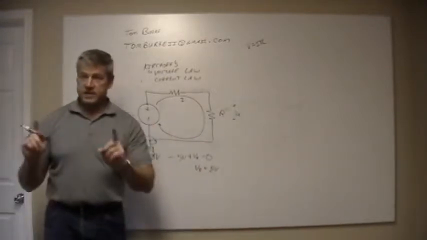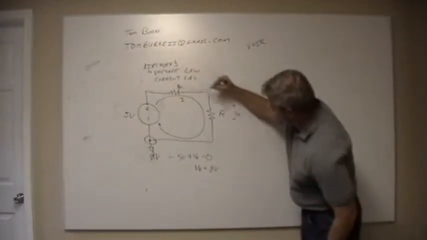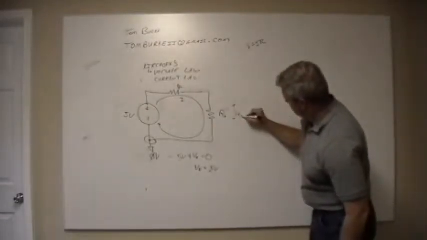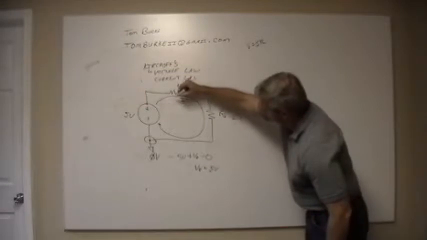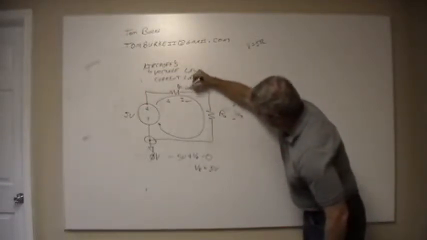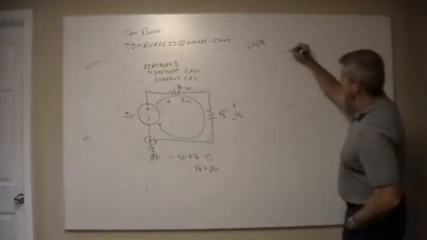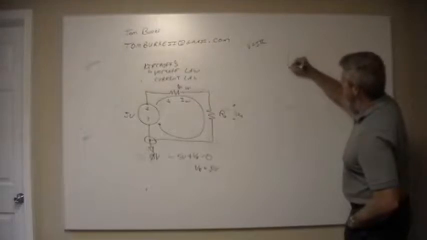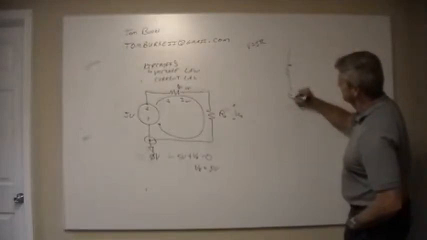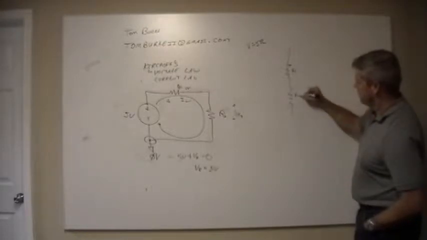So today we're talking about series parallel. 2 resistors, R1, R2, VR2, plus minus VR1. So this is a series circuit, R1, R2.